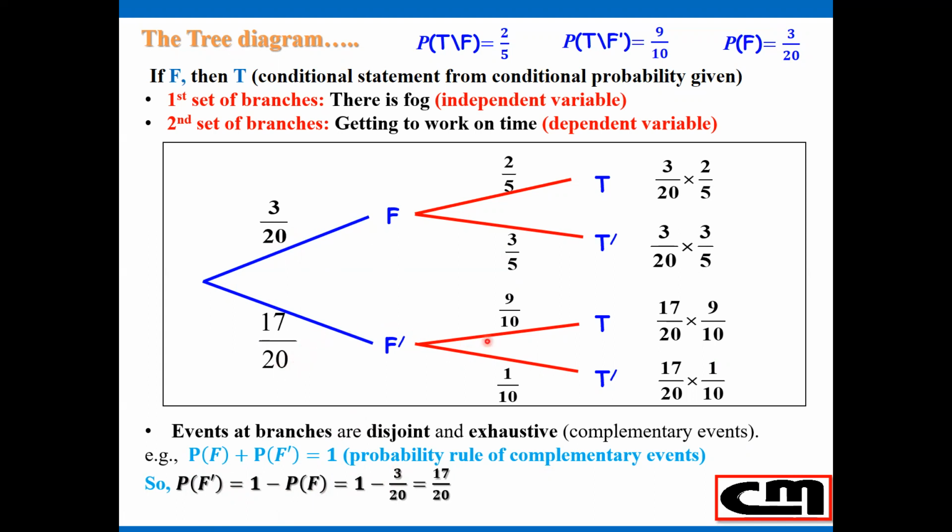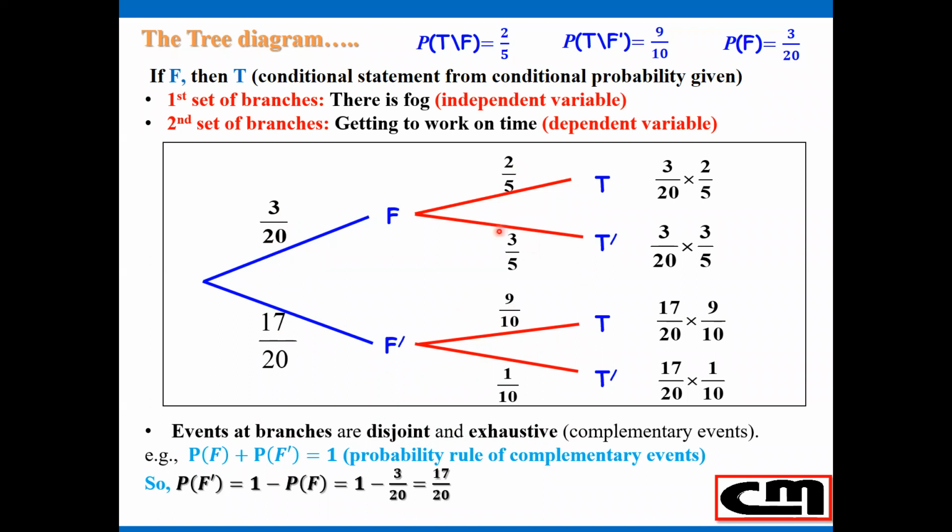So this is basically how you find the ungiven probabilities on branches, because events at branches are disjoint and exhaustive. Again, to repeat, when we say disjoint, we are saying there's no intersection on the events. When we say exhaustive, that means if we add their individual probabilities, the answer you expect to get is 1. That is all it means.